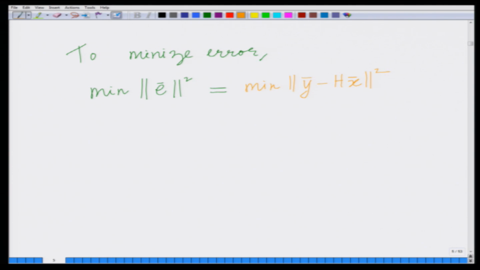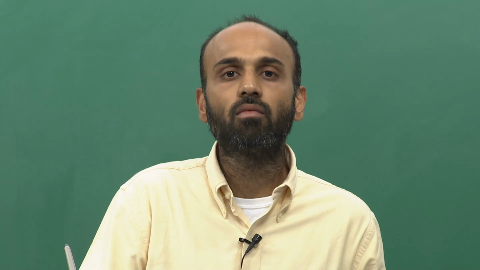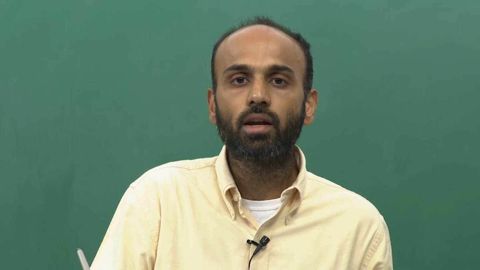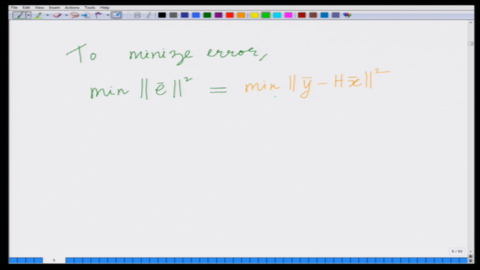That is, we want to find the x bar such that the error is minimized, that is, such that norm y bar minus H x bar squared is minimized.